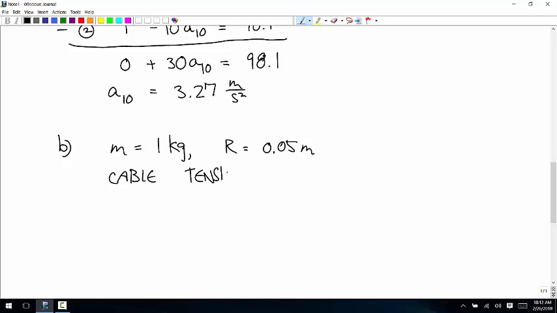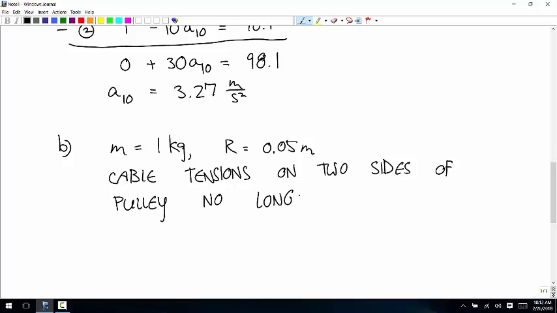So cable tensions on the two sides of the pulley no longer have to be the same.